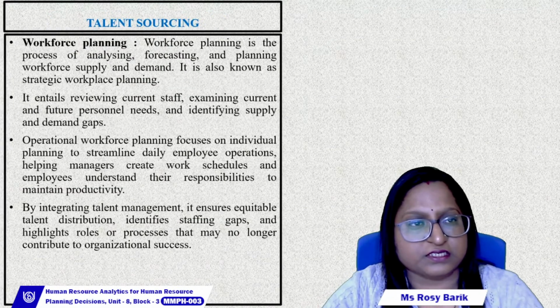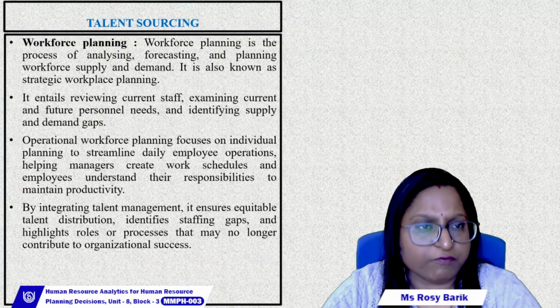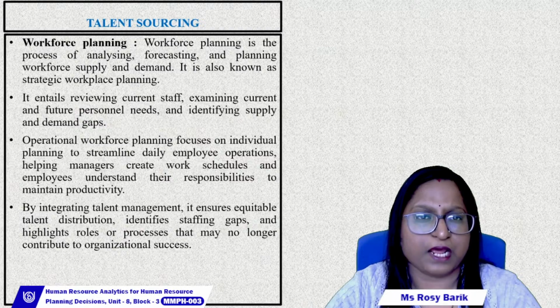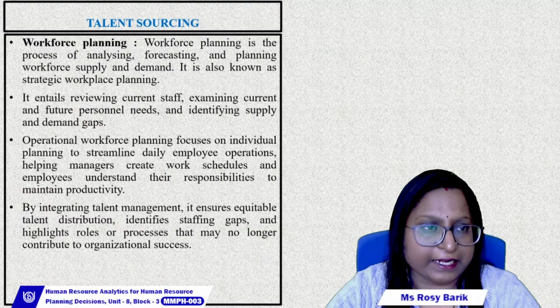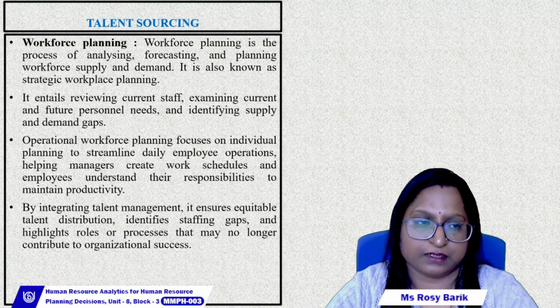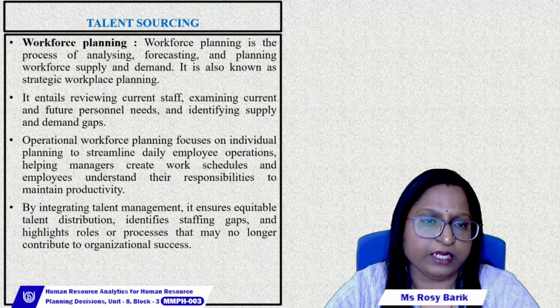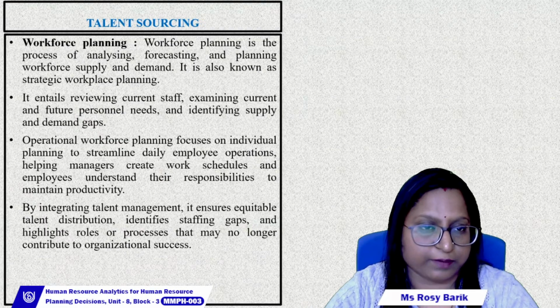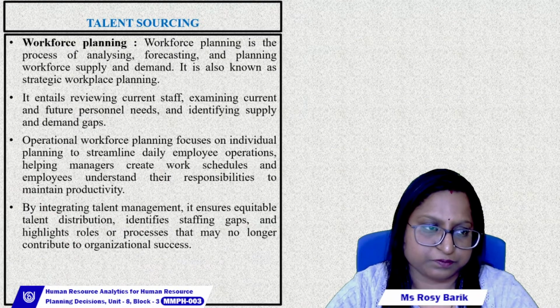So now we'll be discussing talent sourcing. What does it mean? Workforce planning or human resource planning is the process of analyzing, forecasting, and planning the workforce supply and demand. It is also known as strategic workforce planning. It entails reviewing current staff, examining current and future personnel requirements or needs, and identifying the supply and demand gaps.